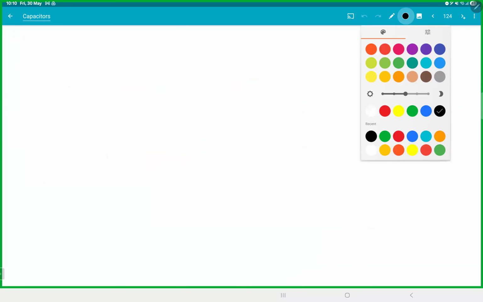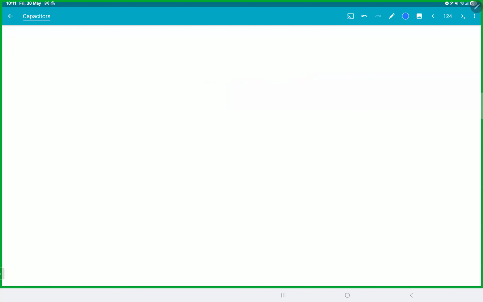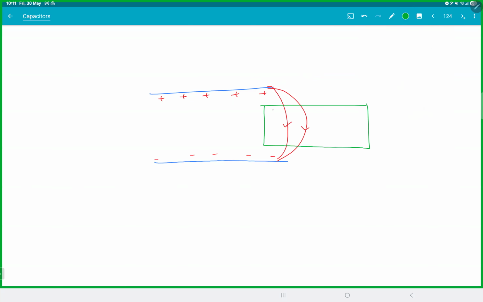Actually, no, there is a better way of saying this. This is actually due to the fringe field. Do you guys remember, when you go to the edge of the plates, the field is not proper anymore. The field looks something like this. The field lines are coming at an angle like this. So in this, if you keep a slab, remember this is negative. This negative charge here will get attracted this way, no force.